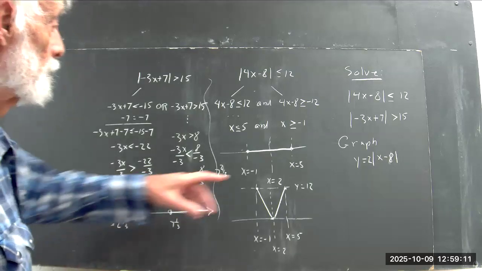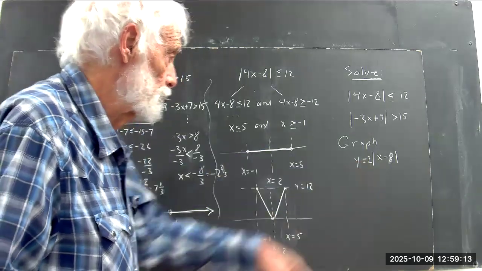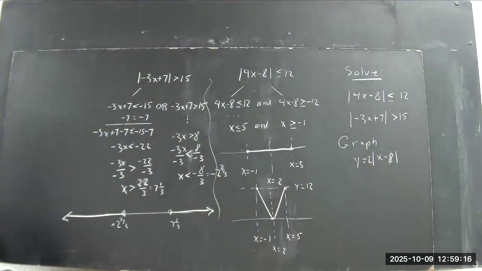Okay. Got a graph y equals 2 times the absolute value of x minus 8.